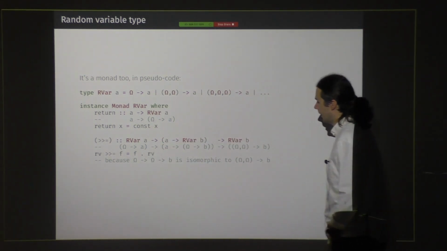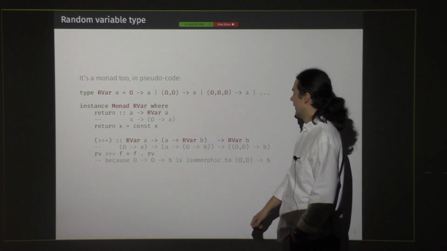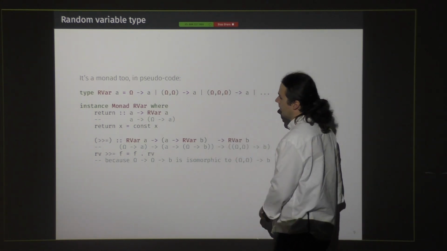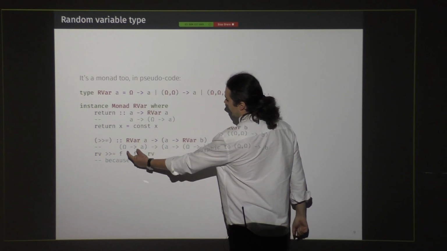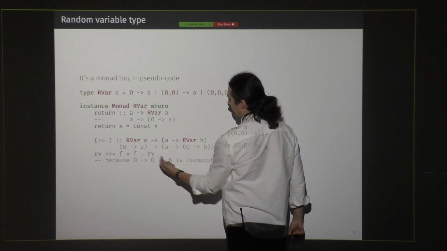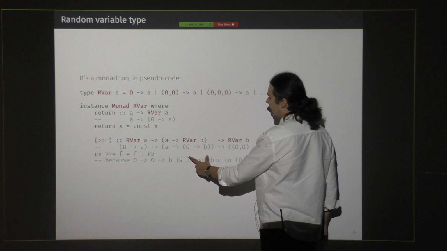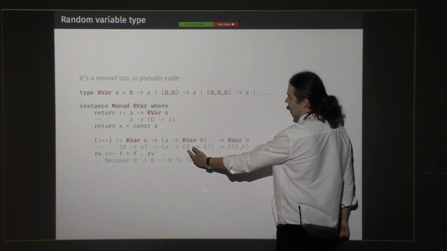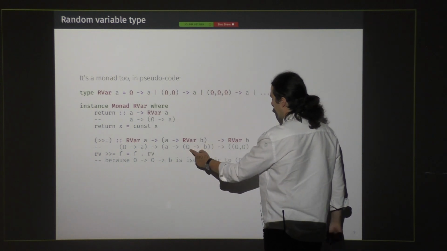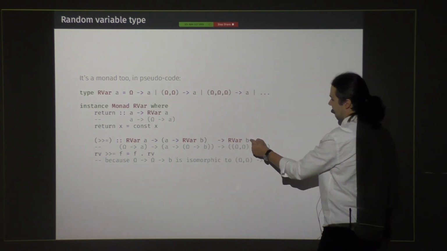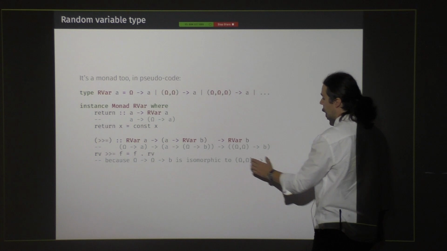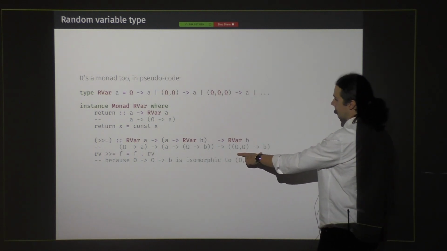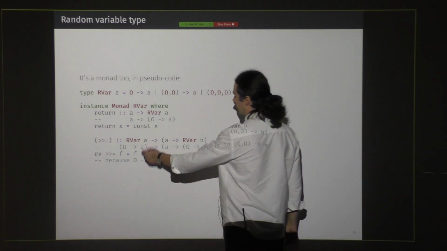Now the bind. This is the tricky part, a little bit tricky. So let's see what the types are. We are getting a random variable, which is a function from omega to a. We are getting a function that, depending on the value of a, returns another random variable, so a function from omega to b, and we need to produce a random variable. Actually, what we can produce is something like that, and we can produce it in that way.